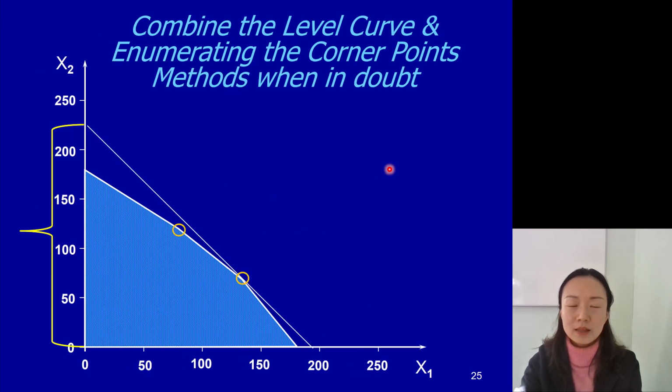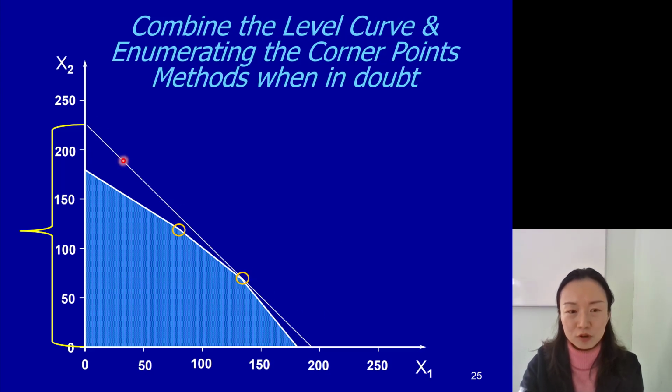Okay, and another method is to combine the level curve and enumerating corner point methods together when you are in doubt. For example, sometimes there could be corner points very close to each other. Like for example here, we know that this was our optimal solution point that we identified when we drew this level curve.